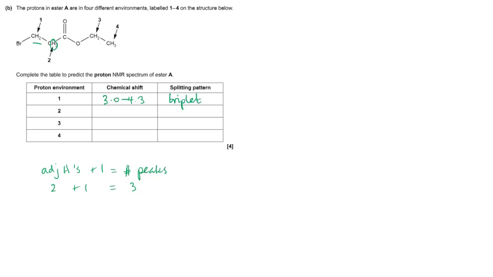So then let's have a look at environment number 2. It's next to a carbonyl carbon, and we find that, and we're going to give that a shift of 2 to 3. And its adjacent hydrogens are on the left. They're the hydrogens that are in environment 1. And there's 2 of them, so that's a triplet as well.